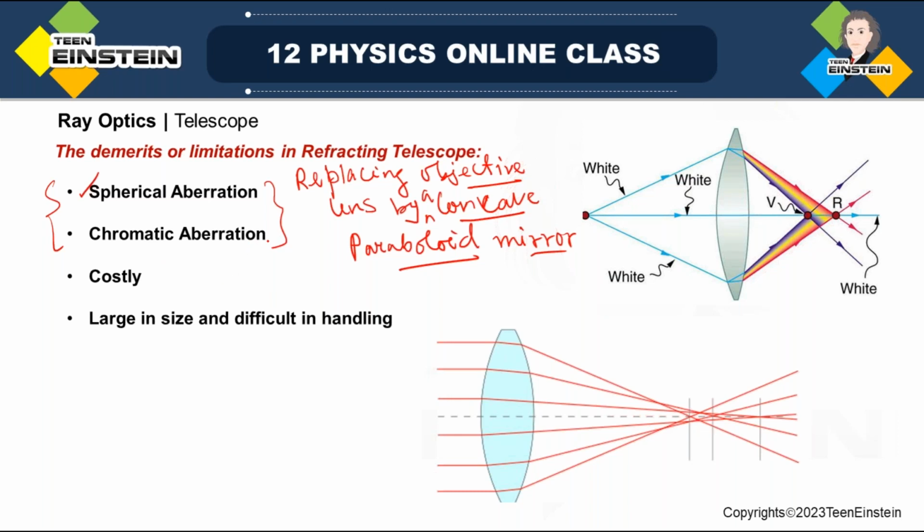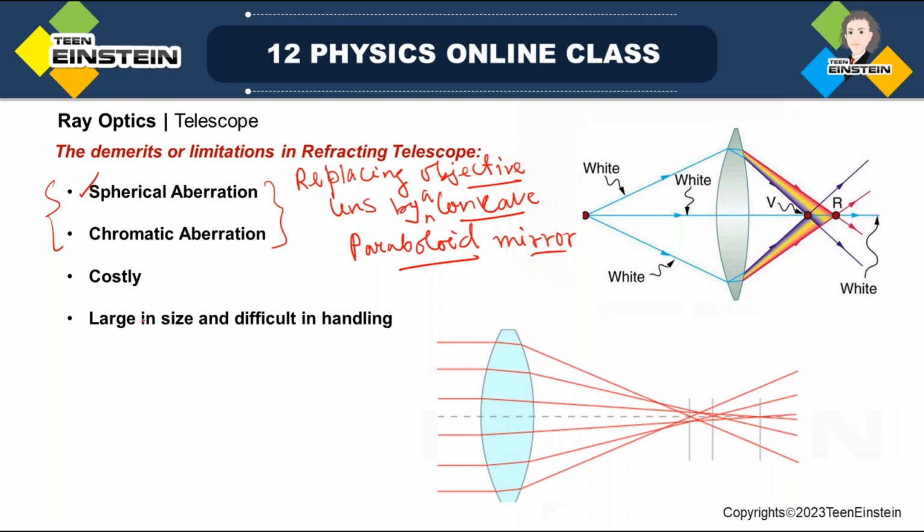Because, see, in the mirror there is no refraction at all. So for a good quality mirror, there is no chance of refraction. And if there is no refraction, then this chromatic aberration is not going to come into the picture. When we talk about the cost of making a large aperture lens, in case of a mirror, making a large aperture mirror of good quality is much less costly than making a lens of good quality in that particular aperture.